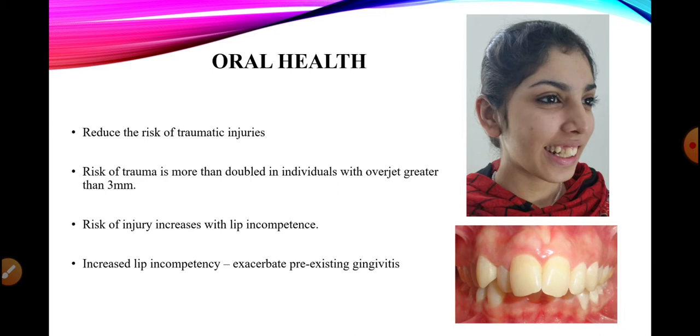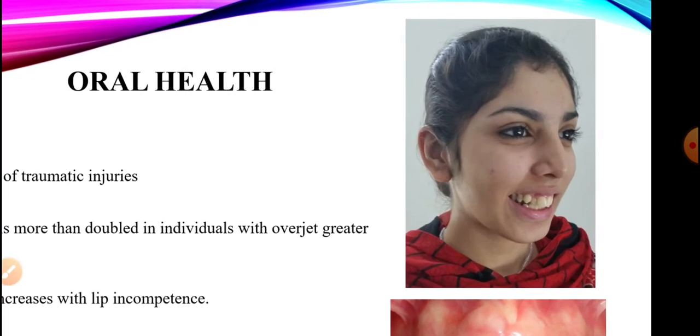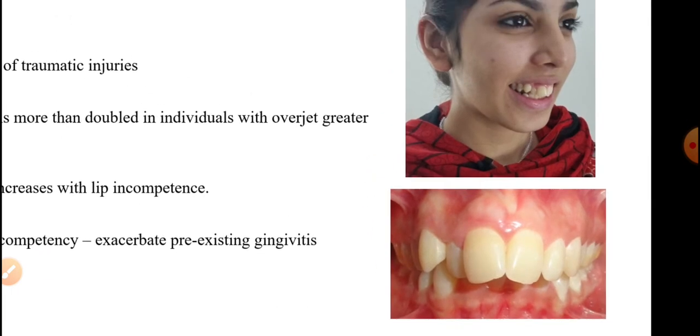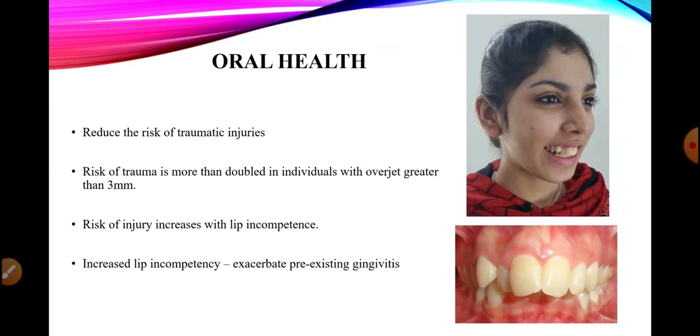This can be seen here, and the overjet is increased, plus the lips are also incompetent, so these teeth are more prone to traumatic injuries. So the focus should be to reduce the risk of traumatic injuries. As per a study, the risk of trauma is more than doubled in individuals with overjet greater than 3 mm.